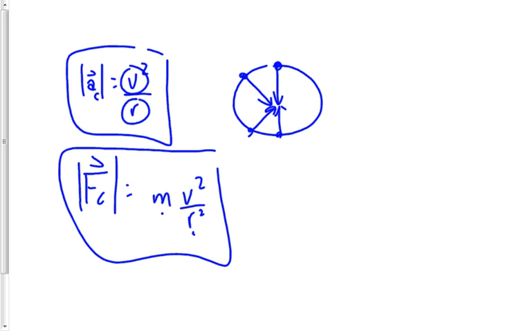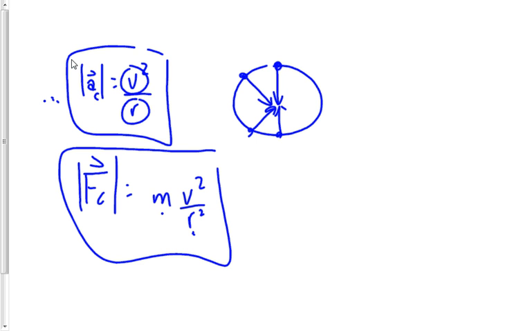All right. What are the units for centripetal acceleration? You guys all know this, right? What are the units for acceleration? Okay, meters per second squared. What are the units for centripetal acceleration, Nick? Meters per second squared.